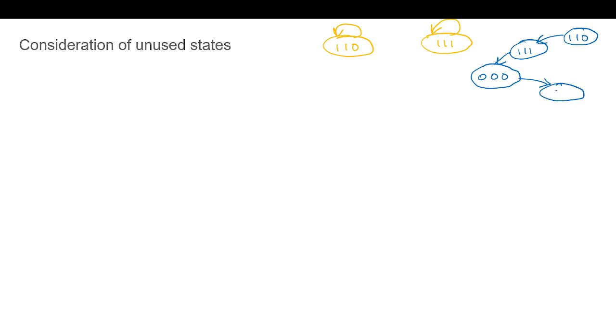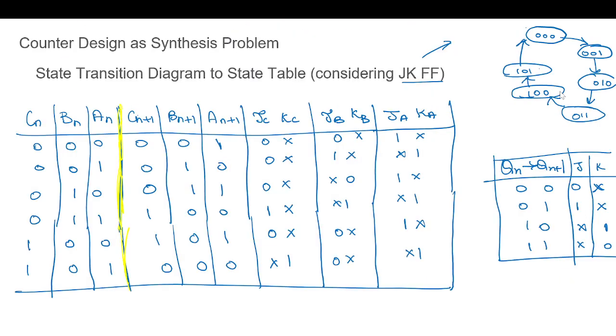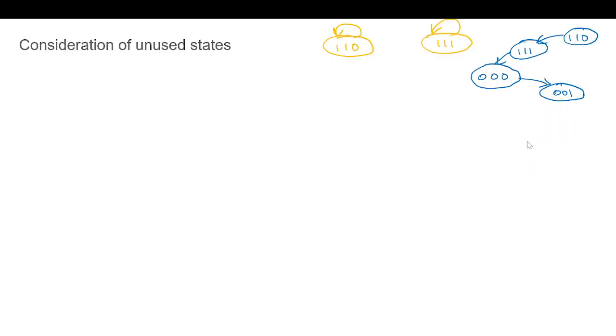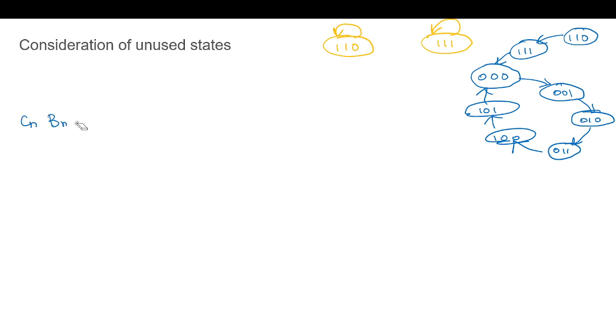This we didn't consider, but we have filled those two columns with don't care. The last two as don't cares. But here we will consider it in the design and we will not fill with don't care, we will fill with the required J and K values. That part of the table alone if you will write.